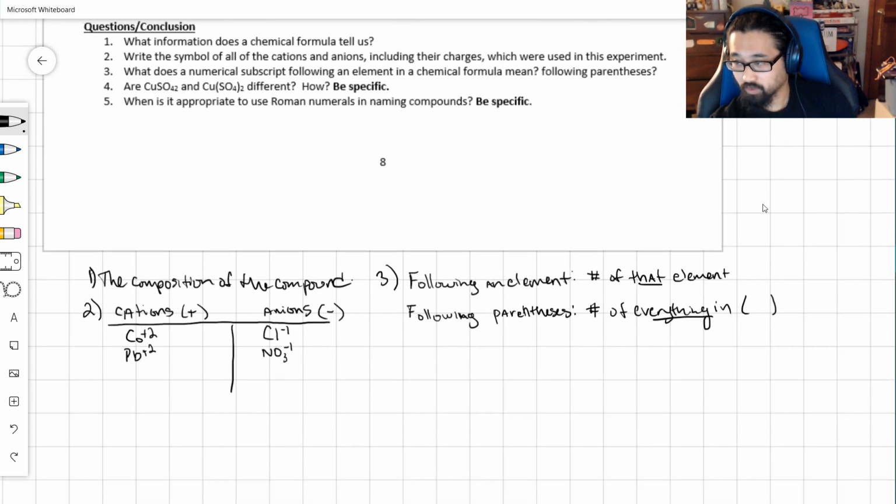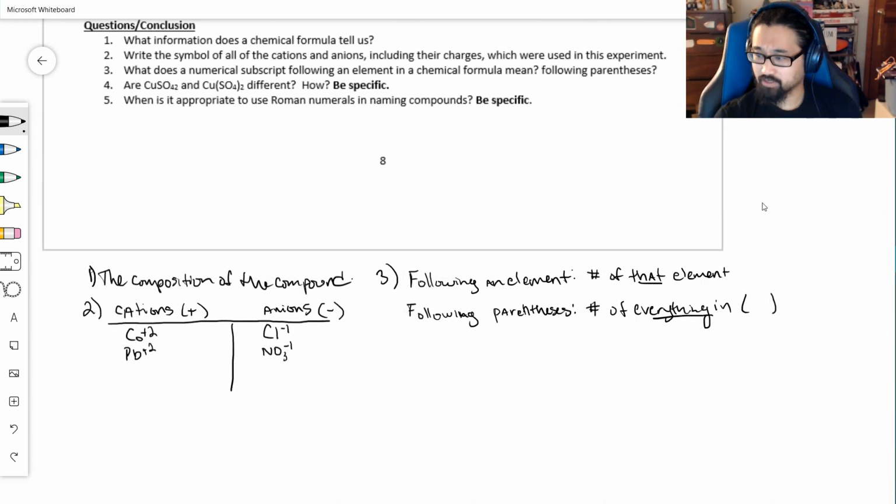And number 4 is really an extension of number 3. Are CuSO42 and CuSO4 two different? Yes. The first has 42 oxygen.